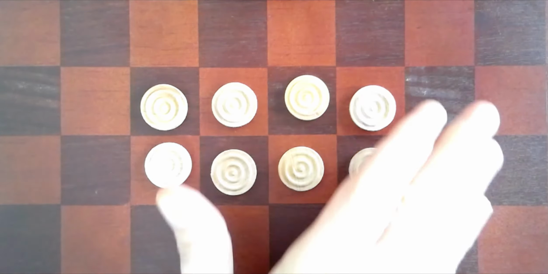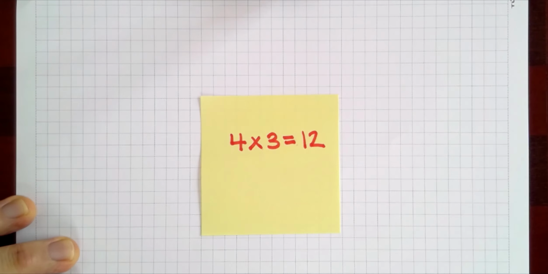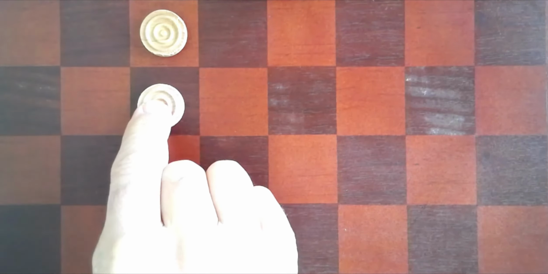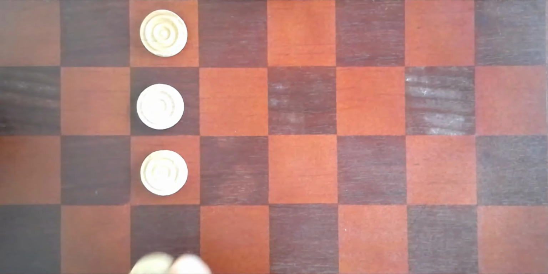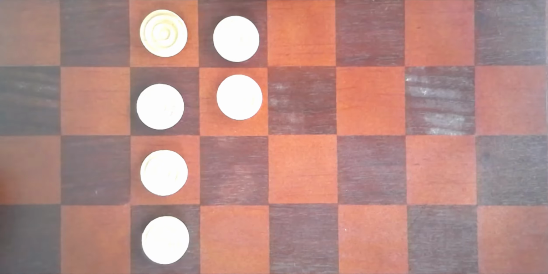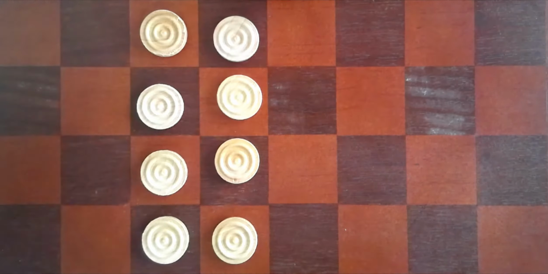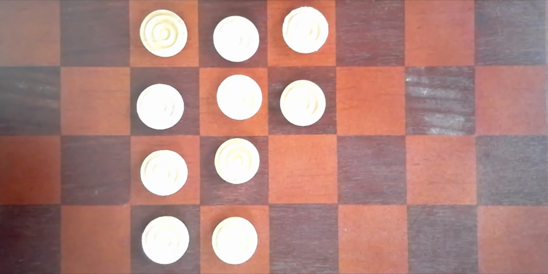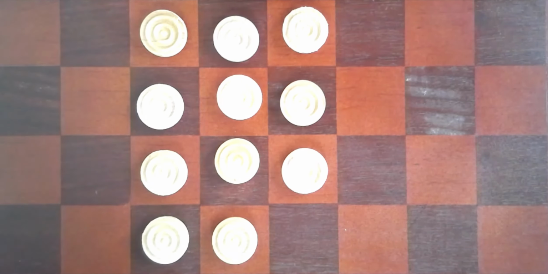And this always works. If I wanted to do another one that's just a little bit harder, 4 times 3 is equal to 12. If I had 4 things, 1, 2, 3, 4, and I did that 3 times, here's the second time that I have 4 things, and here's the third time that I have 4 things.